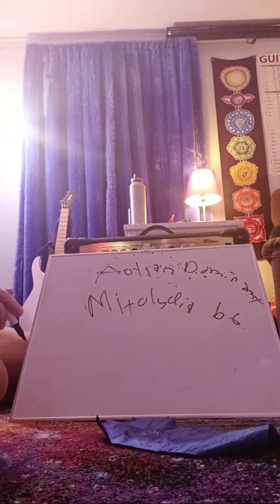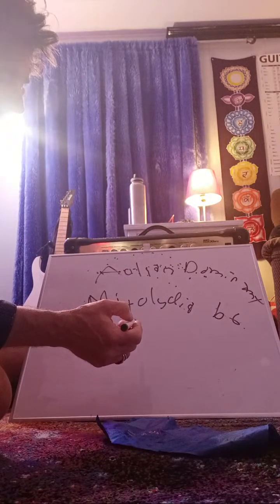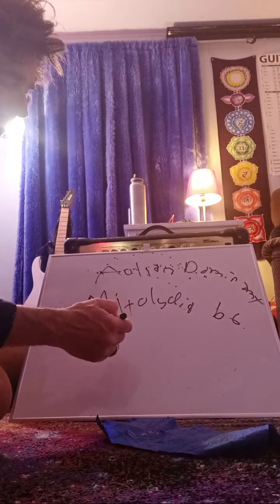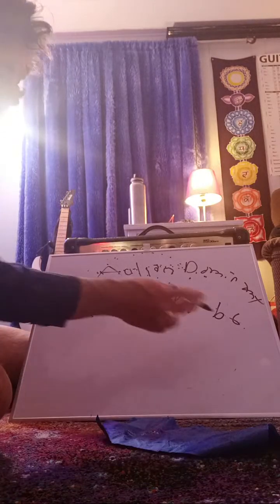Okay, and then the Mixolydian flat 6 would be the fifth mode of, let's say, a C melodic minor scale, which would make it a G Mixolydian flat 6.